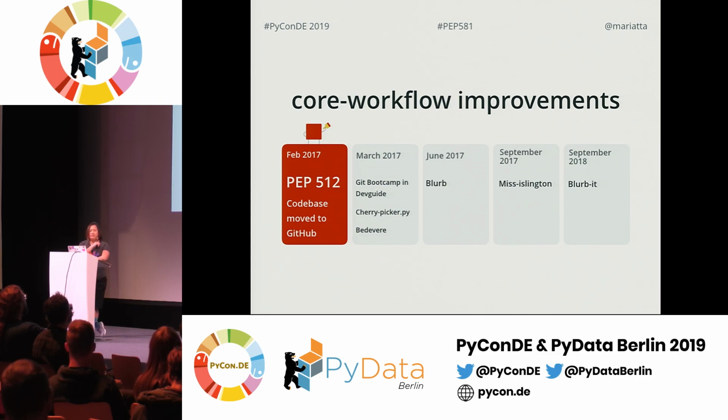Now, in the past 2 years, there have been a lot of improvements to the workflow. It began in February 2017. That's when we finally moved our code base from Mercurial to GitHub. That is very recent compared to the age of Python, like 30 years, right? And pretty soon after we moved to GitHub, we realized something.